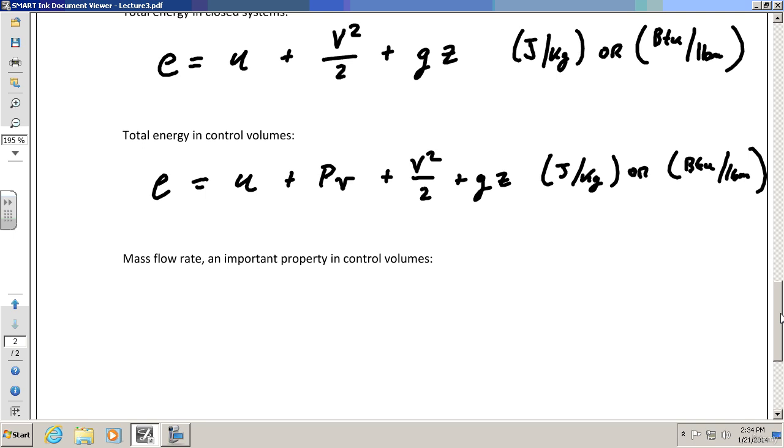One more thing here. Mass flow. Mass flow rate is an important property, and we deal with it often, especially in control volumes, obviously, because it's a flow. Mass flow rate is usually emphasized by m dot.